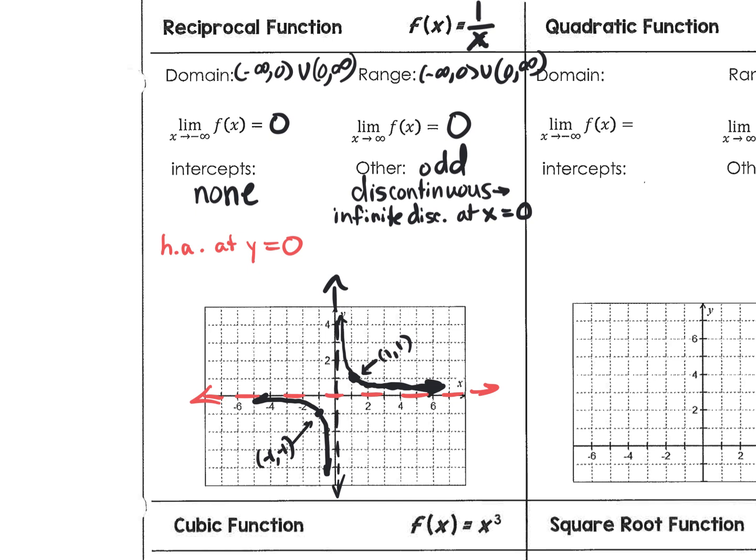Is this thing bounded? It keeps going up, doesn't it? Keeps going down. Is it bounded then? No, it's unbounded. Where does it increase? Where does it decrease?